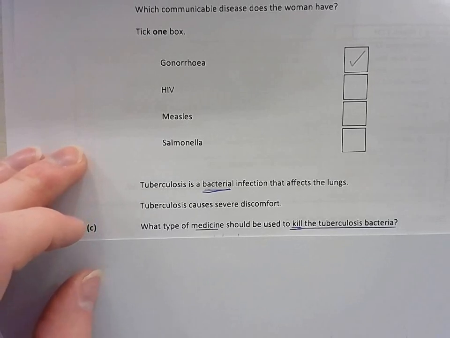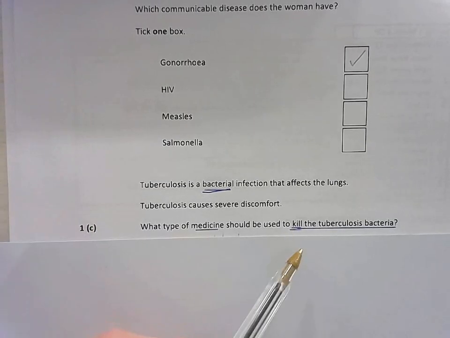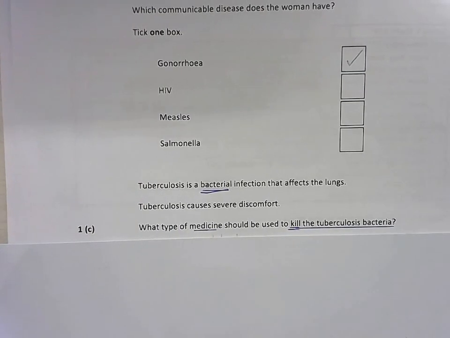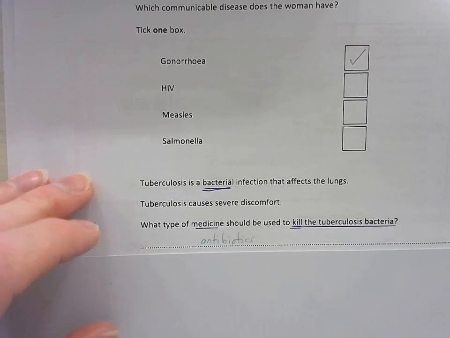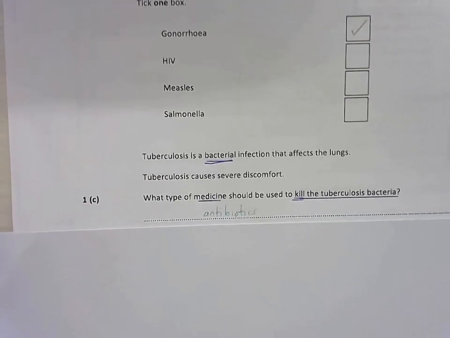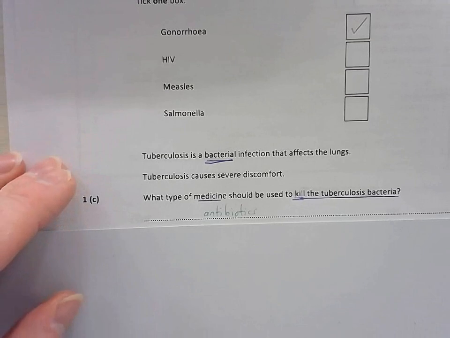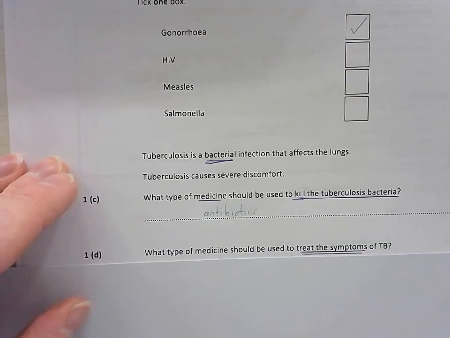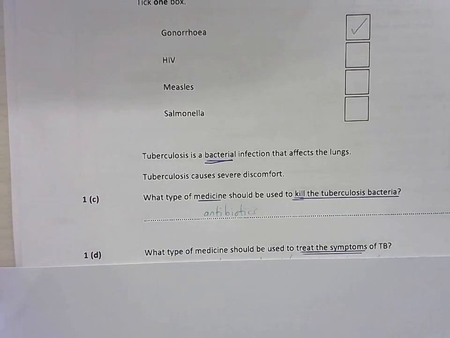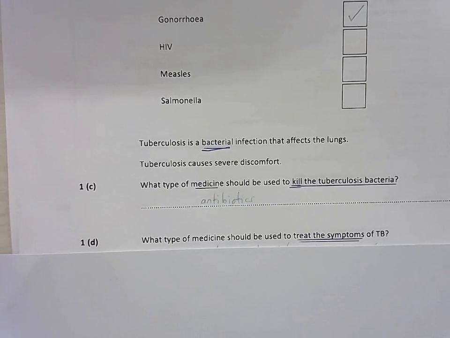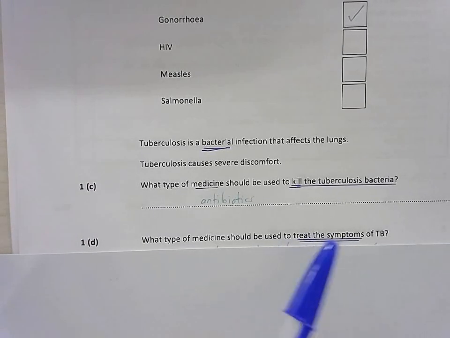So what type of medicine should be used? And this is key, to kill the tuberculosis bacteria. So if we want to destroy the bacteria, the only medicine we can use is antibiotics. Now the next question might seem like it's asking a very similar thing, but again there's a key word. So the type of medicine that's used to treat the symptoms, we want to make the person feel better but not necessarily kill the bacteria.